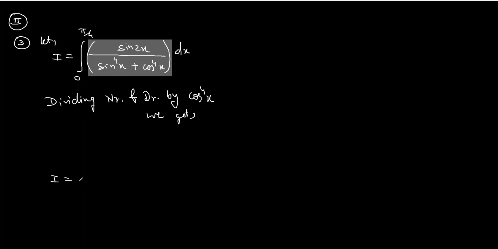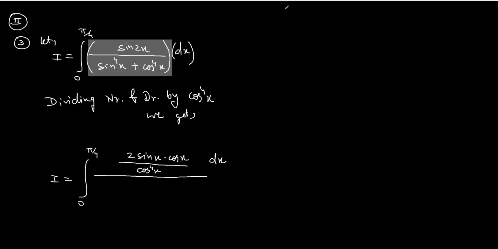You will get I equals 0 to pi by 4 sine 2x upon cos raised to 4x. So sine 2x, I'm writing 2 sine x cos x, and here dx. Okay, 2 sine x cos x, and down here I have sine raised to 4x plus cos raised to 4x, the whole divided by cos raised to 4x.